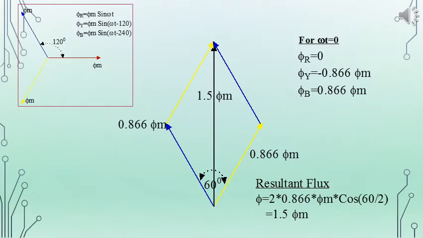So we have drawn the new phasor opposite to the direction of phi y in the actual diagram because it is minus, and for phi b it is taken in the same direction itself because the value we obtain at omega t equal to 0 is 0.866 phi m. There is only the magnitude difference, no directional difference.